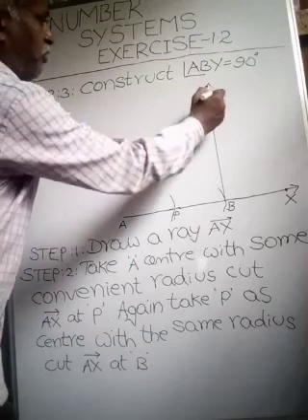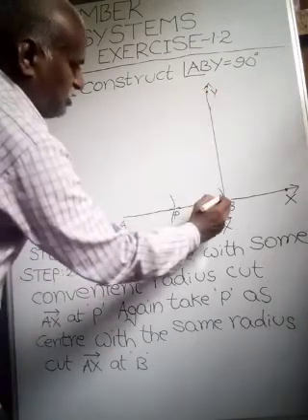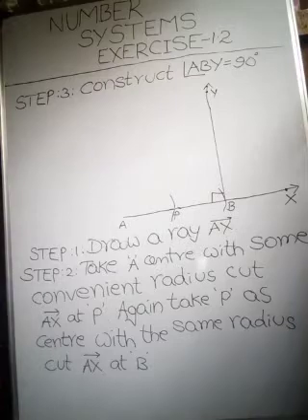With the help of a protractor, construct a right angle here. Understood by the children?